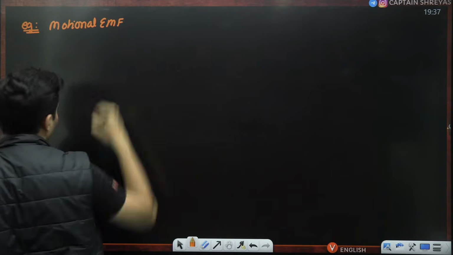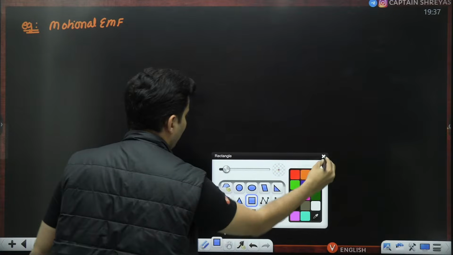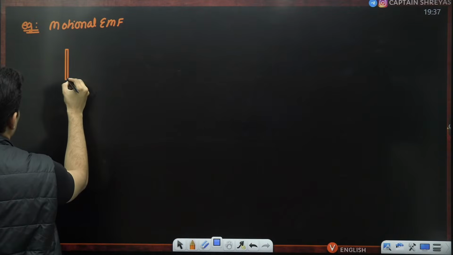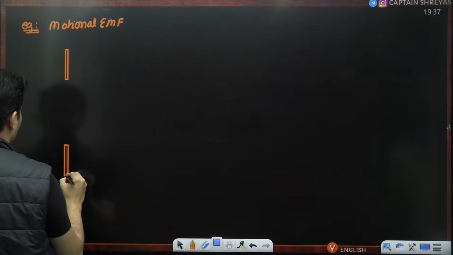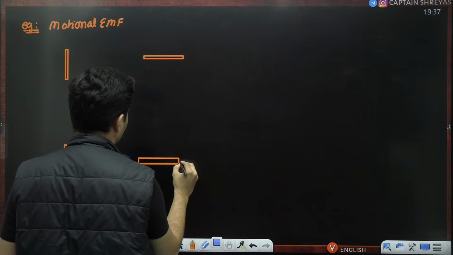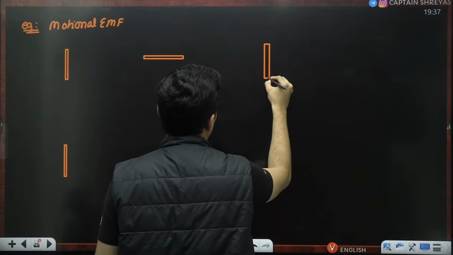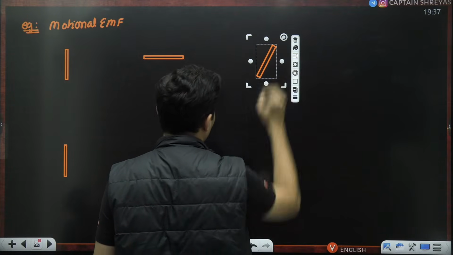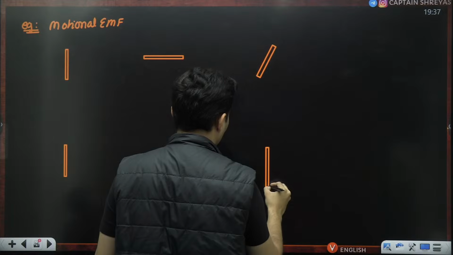Basically motional EMF you have to calculate in each and every case. So there is a rod like this, then rod like this, like that, then rod like this.